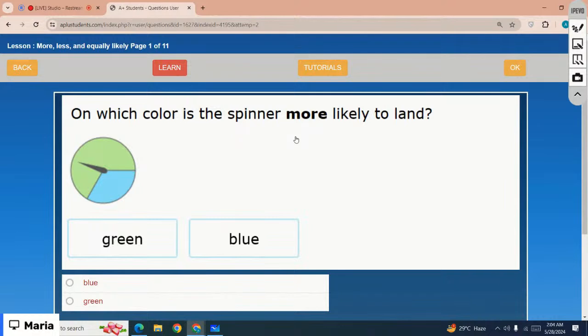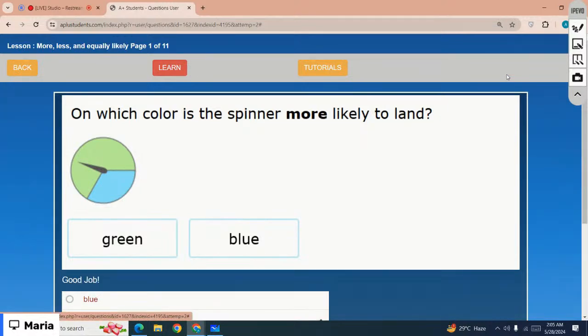That means the spinner is more likely to land on green color. So the more portion is green. The correct option is green.